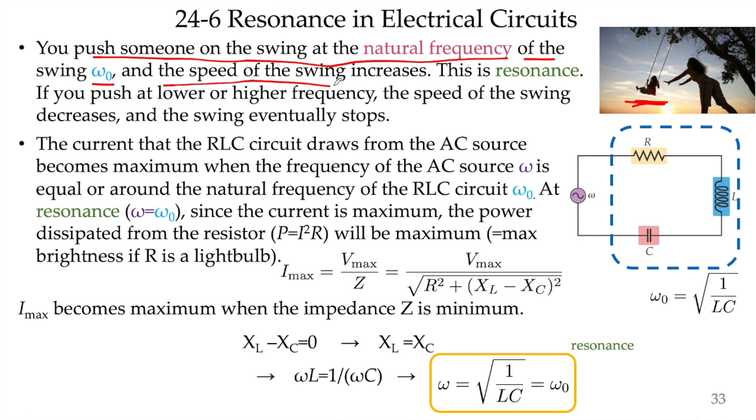And the speed of the swing increases. This is exactly resonance. If you push someone on the swing with a frequency that matches the natural or characteristic frequency of the swing, then the speed of the swing increases. This is called resonance. But if you push at a lower or higher frequency, the speed of the swing decreases, and the swing eventually stops.